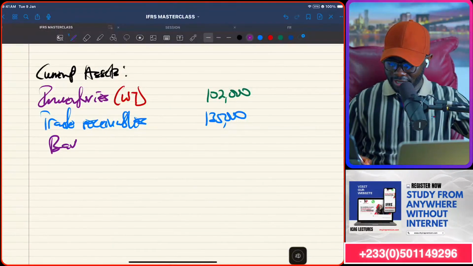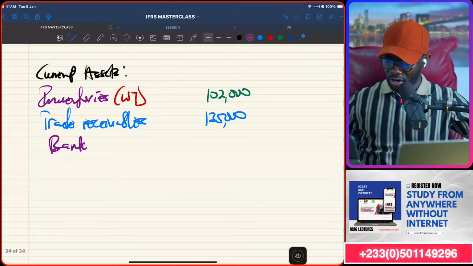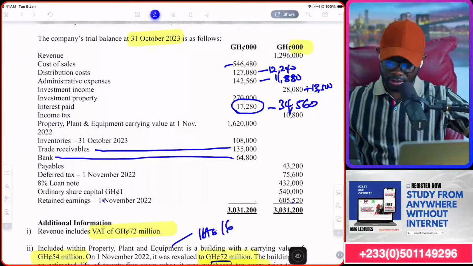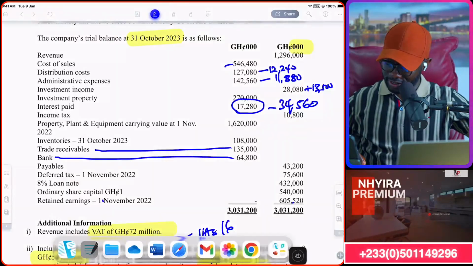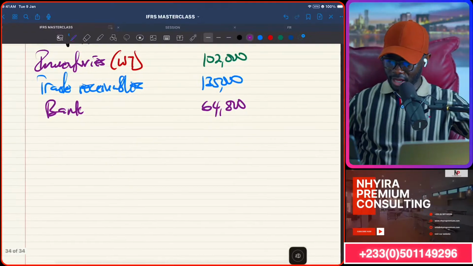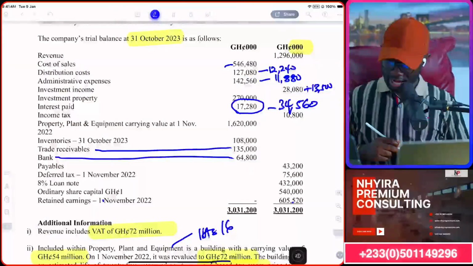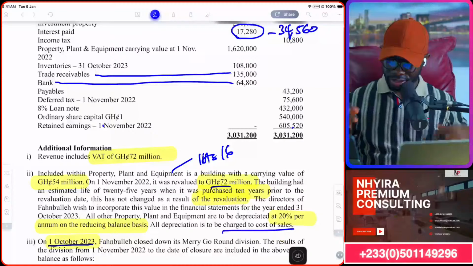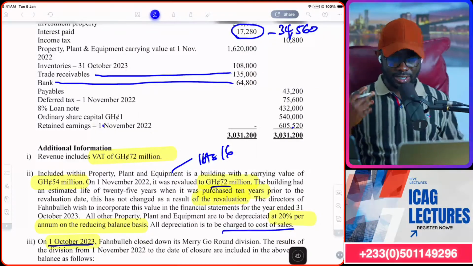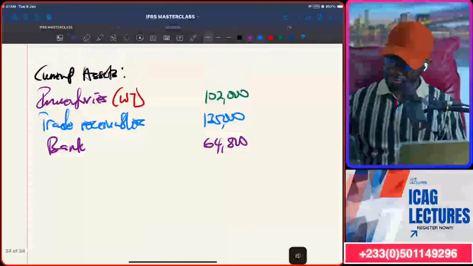If it's on the credit side, it's a bank overdraft, and that will be under current liabilities, right? So that's 64,800. There we go. And I think that is all. There were no prepaid expenses and others, so that is all.